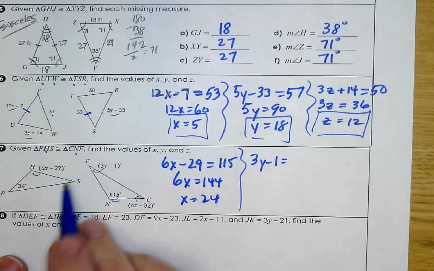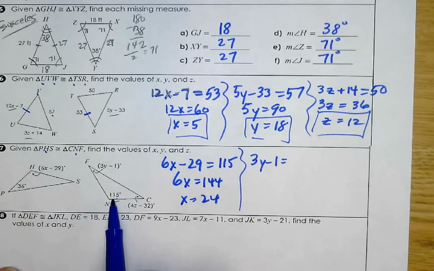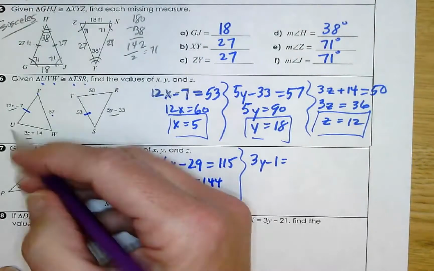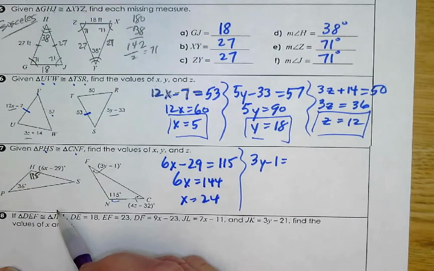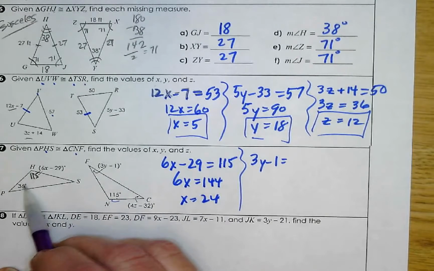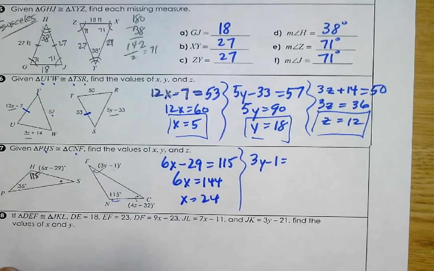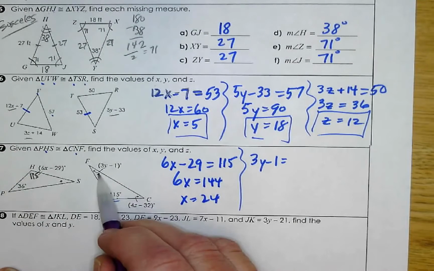So let's take a look. I know angle H and angle N are the same, so that's 115. So this one has to be 115. When I add these two together and subtract from 180, that will give me angle S here. And S matches up with F, so those two will have to be the same.